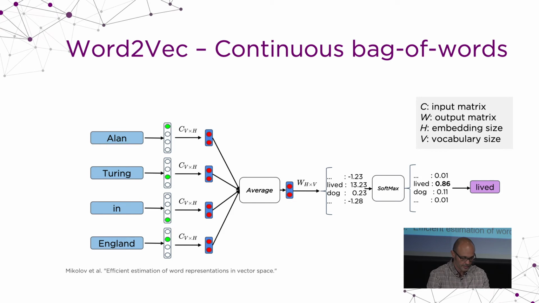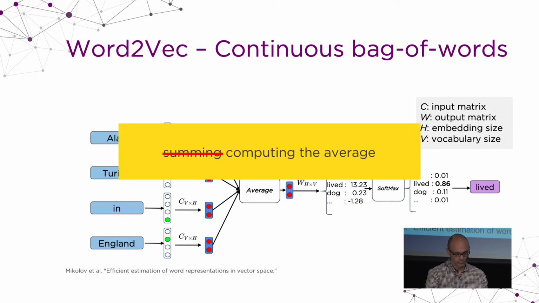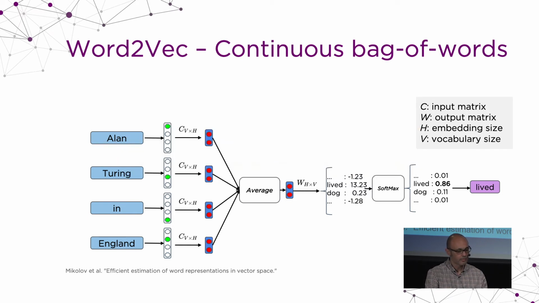You see that the model comes up with one word embedding per word. It sums all of them together, so we have one vector at the end. Then we use what we called before a projection to come up with a score for every possible word in output. Softmax as usual, and then we extract the highest score, which in this case hopefully is lived.